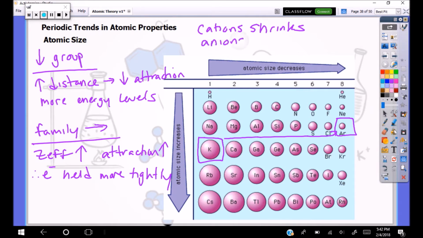Anions typically get larger as they gain electrons. I know this picture doesn't really do justice, but anions expand, and they expand because there's more electrons for that nucleus to attract, and there's also more electron-electron repulsions, so they can go up.